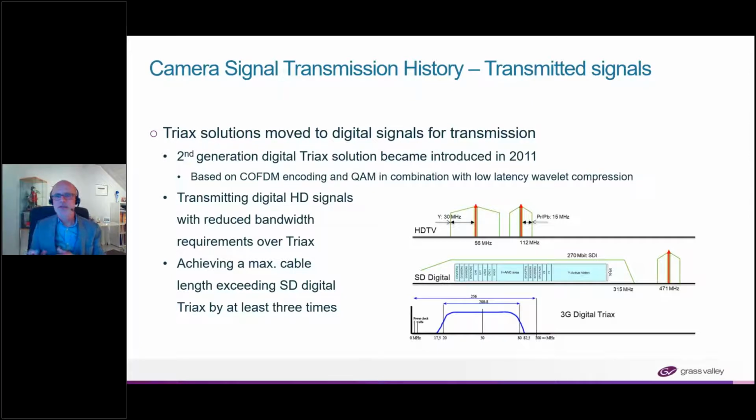In combination with a low latency wavelet compression, this gave us a solution to transmit HD signals from the camera head to the base station and return signals back to the camera head over long enough cable lengths, typically 1 mile, 1.5 miles of maximum cable length, which was sufficient for most applications.